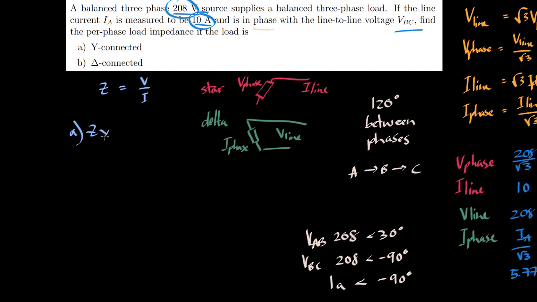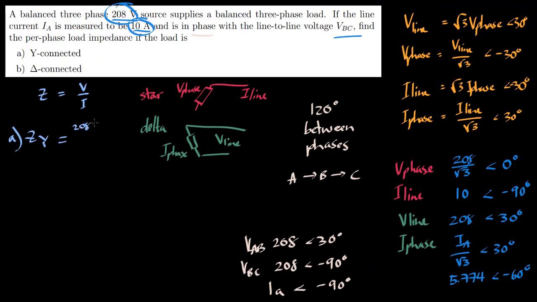For the star-connected load, this is the phase voltage divided by the line current. Plugging into our calculator, we get 12.01 ohms at 90 degrees. For the delta-connected load, this is the line voltage divided by the phase current.